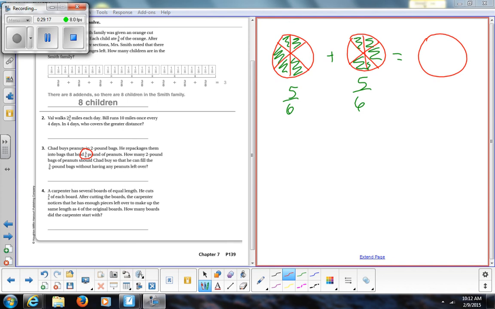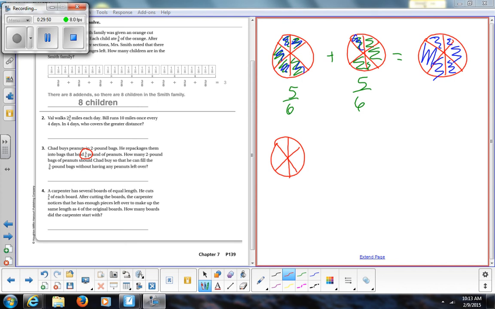Okay, so if I take 1, 2, 3, 4, 5. Oh, let me draw mine. How many pieces would I need from this one? 1. Okay. Which gives me how many pieces left over? 1. Please take a look, Haley, instead of yelling out numbers, because you're not even looking.